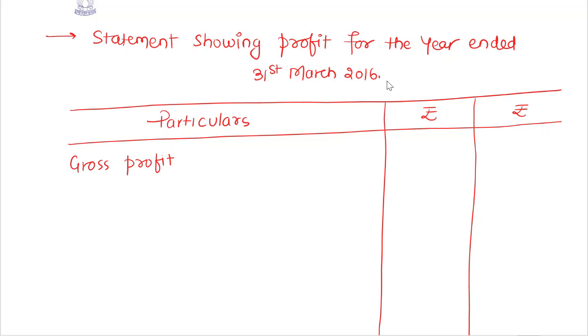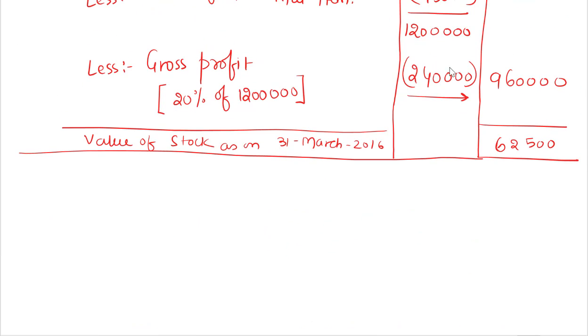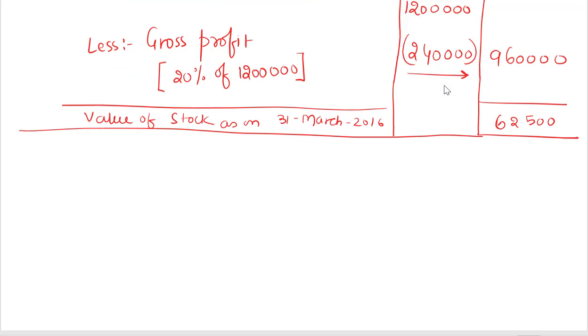We'll begin with the gross profit. So gross profit on normal sales, 2,40,000. That is 12 lakhs multiplied by 20% on sales.